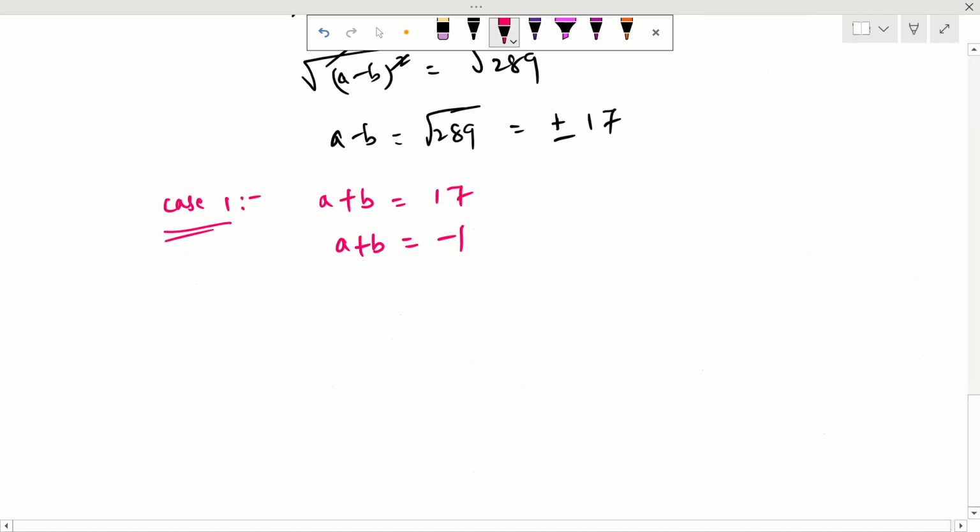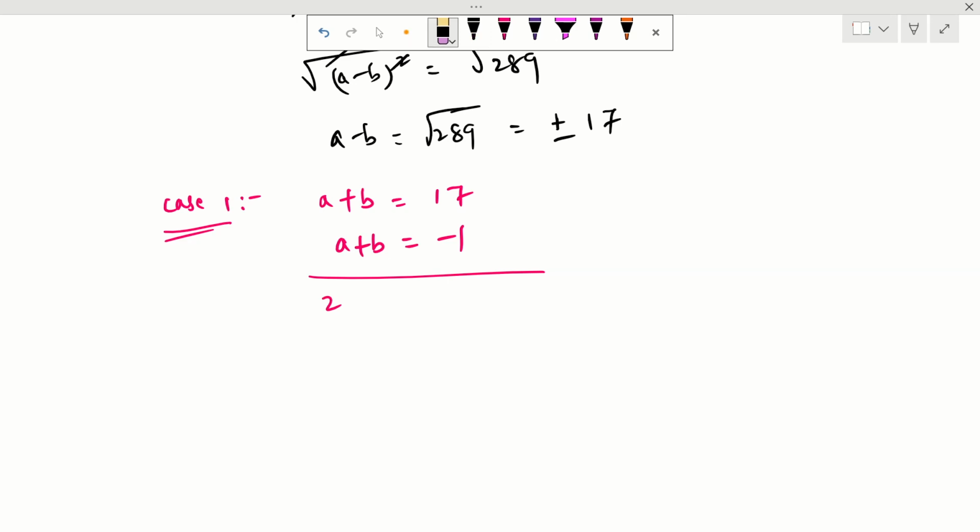Adding these two equations, b will be cancelled, and we'll have 2a is equal to 16, and a will be 8, right?